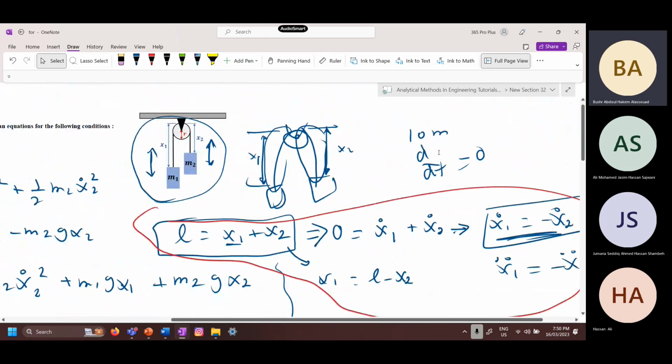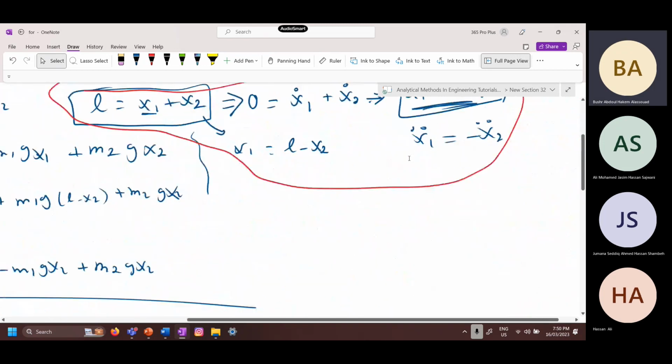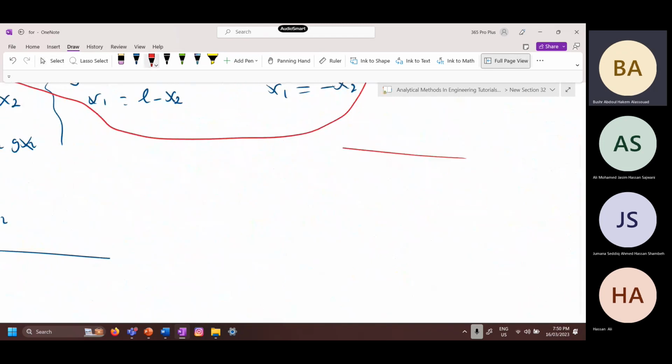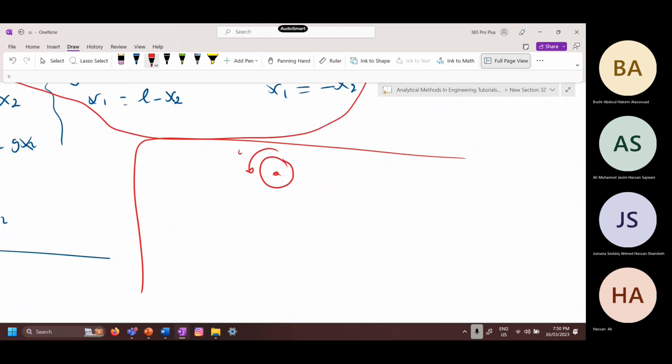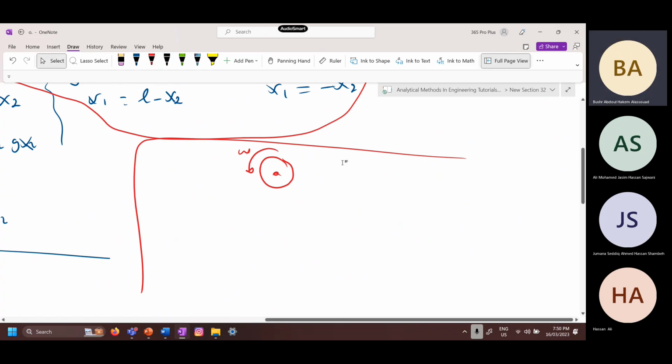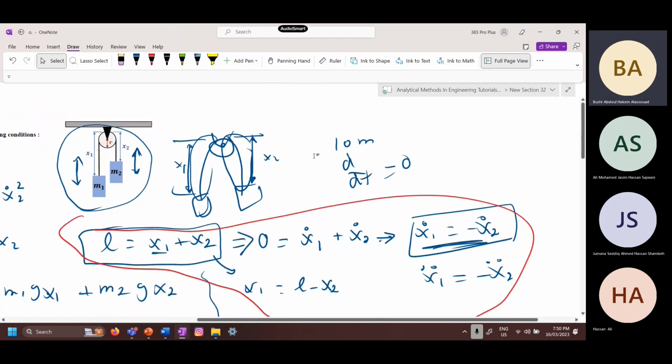As I said, we're considering the pulley, since the pulley has its own angular velocity. But this velocity is connected or related to one of these masses.